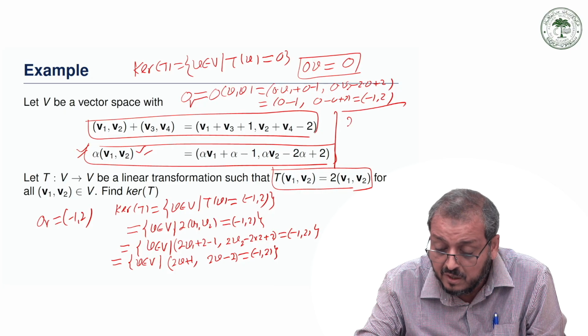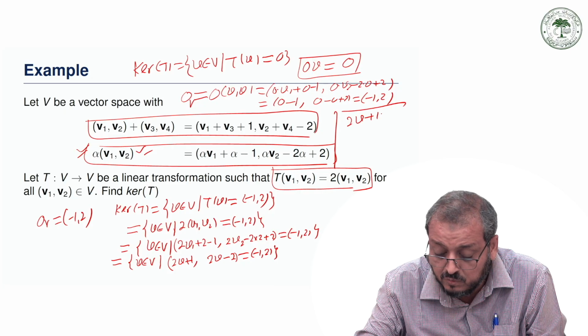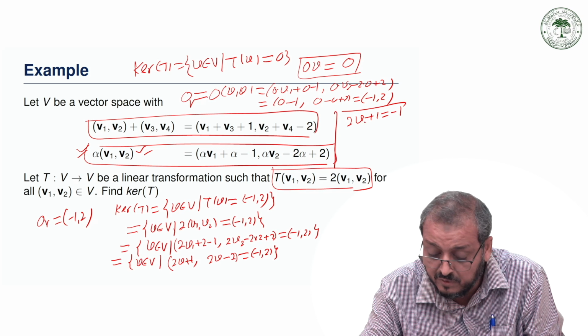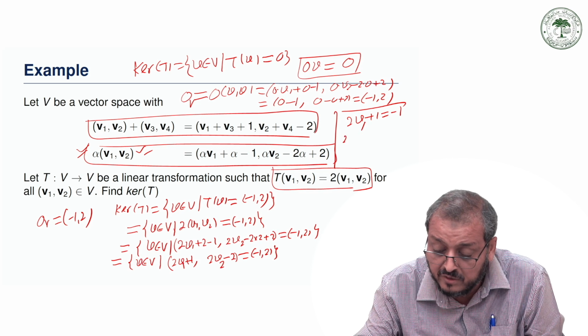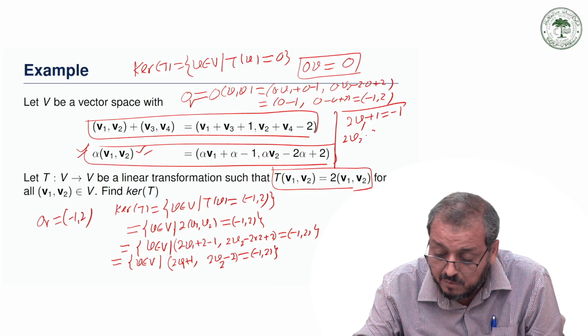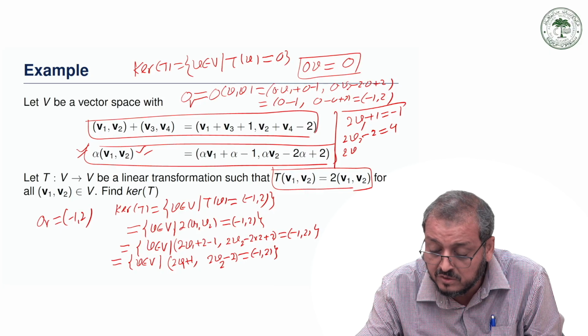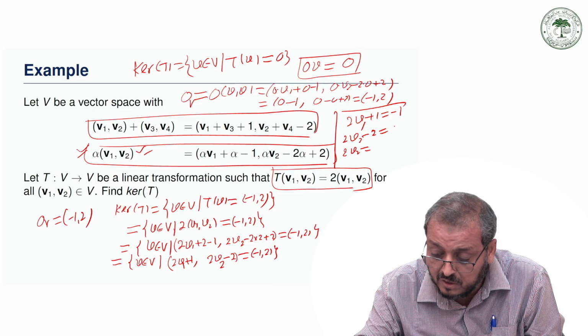We have 2V plus 1 equal to minus 1, where this is V1 and this is V2. So 2V2 minus 2 is equal to 4, so 2V2 is equal to 4, and V2 is equal to 2.